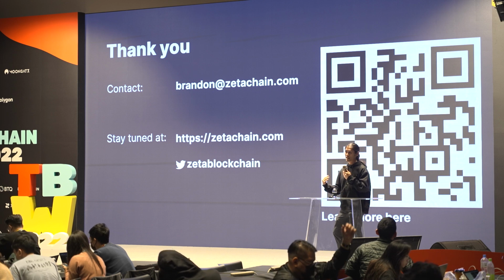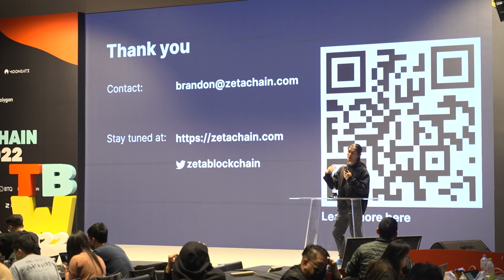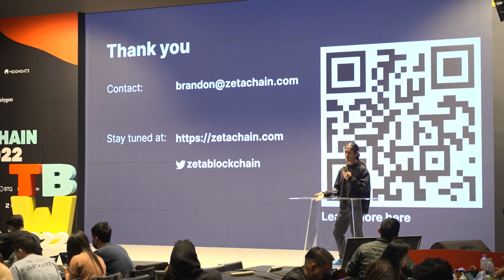So for ZetaChain, we're imagining it more like, if you need to build something that's taking advantage of that, you can build on that chain, but you can connect it to liquidity, users, et cetera, on other chains.